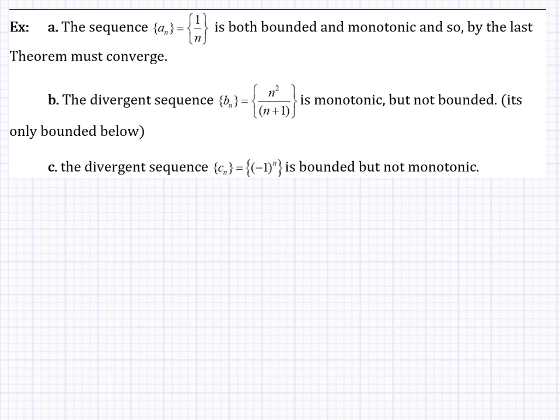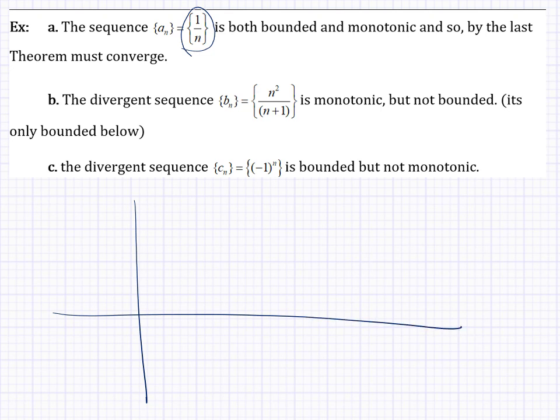So if we look at 1 over n, 1 over n is both bounded and monotonic, the idea being that it would be bounded above by 1 and bounded below by negative 1. And it's monotonic in that all the terms are decreasing, or I could even say it's bounded below by 0. One way you could see this is by graphing out the terms.